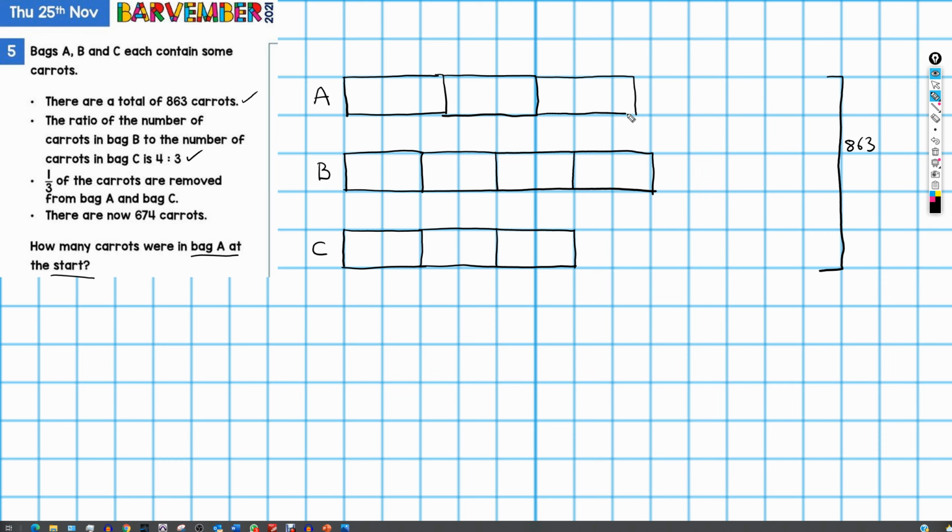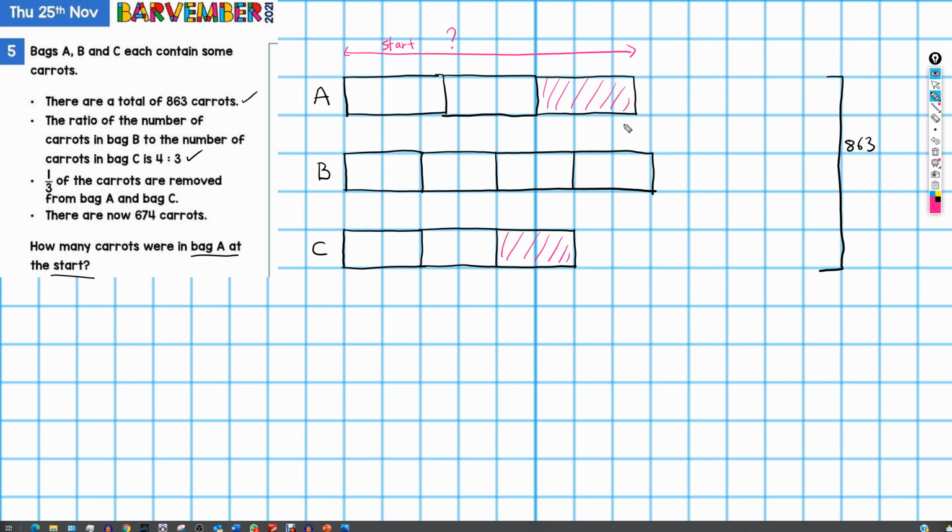So that's A divided into thirds, and I'm going to shade a third and a third. That's what we're going to lose from here. And now I've drawn a bar for A, I'm remembering the question is how many carrots were in bag A at the start. So I'm also going to put that in as start. And that is my question mark.